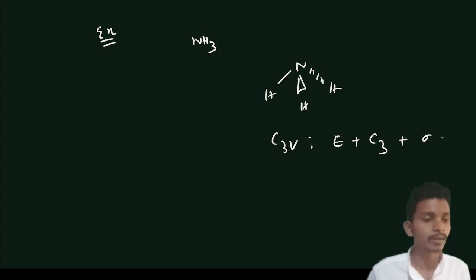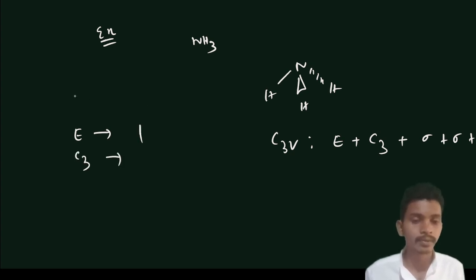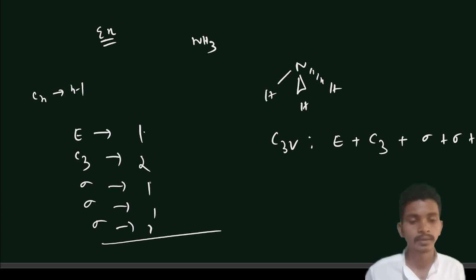So for E that is 1, and for C3 that is n minus 1, because for Cn it is n minus 1, so this is 2, and for each sigma again 1, another sigma 1, another sigma 1, so total is 1, 2, 3, 4, 5, 6.